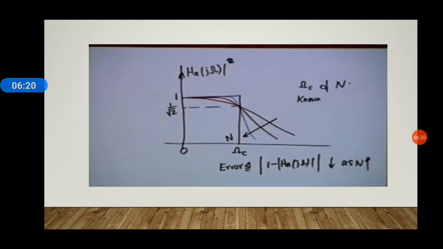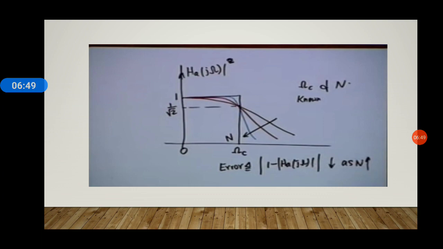Now we can see that as we go on increasing the order n in the specified direction in the diagram, the ideal characteristics is shown here by the sharp lines. That is, it suddenly comes from 1 to 0.